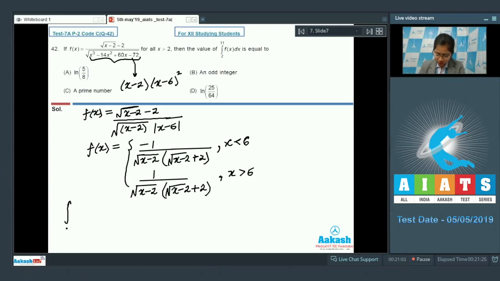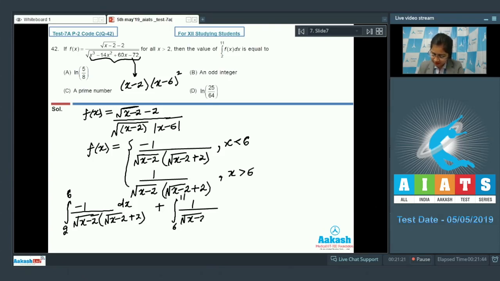So the integral will be equal to the integral from 2 to 6 of minus 1 divided by root (x minus 2) into (root (x minus 2) plus 2) dx, plus the integral from 6 to 11 of 1 divided by root (x minus 2) multiplied with (root (x minus 2) plus 2) dx.